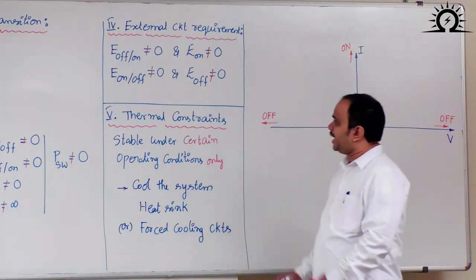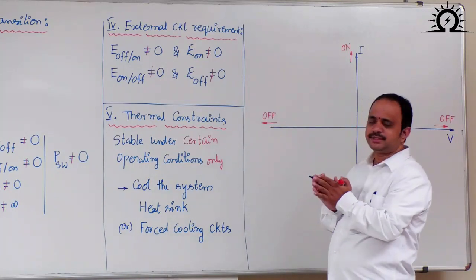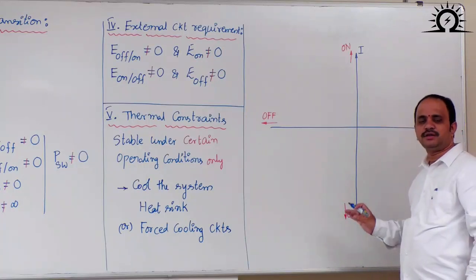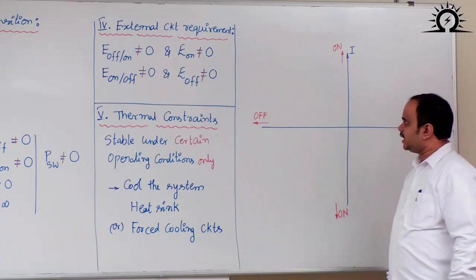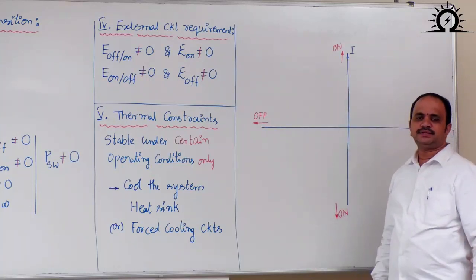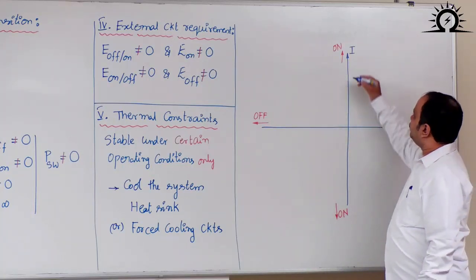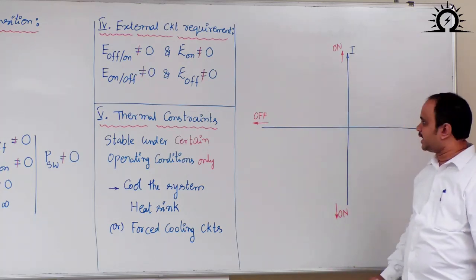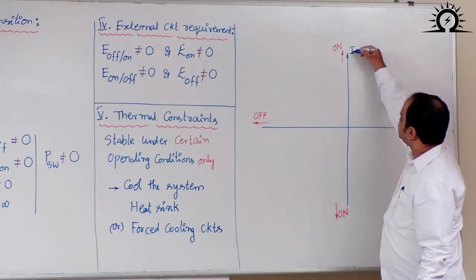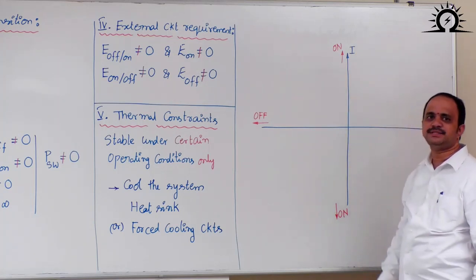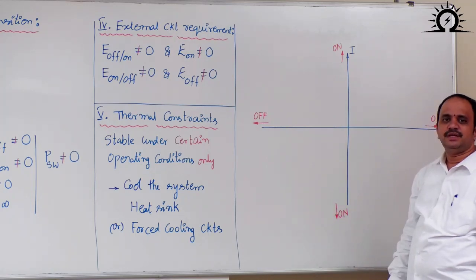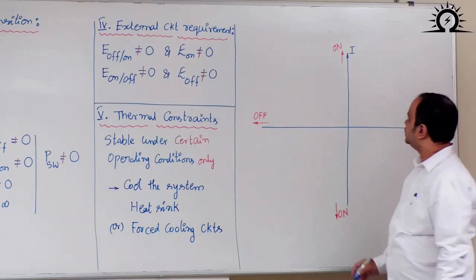Now, by looking into these points, let us put it in the form of the IV plane. What are the limitations? Earlier we told that in the on state there is no limit. The operating point will be located along the current axis, either towards plus infinity or towards minus infinity. But from this present discussion, there is a limit on current and voltage.